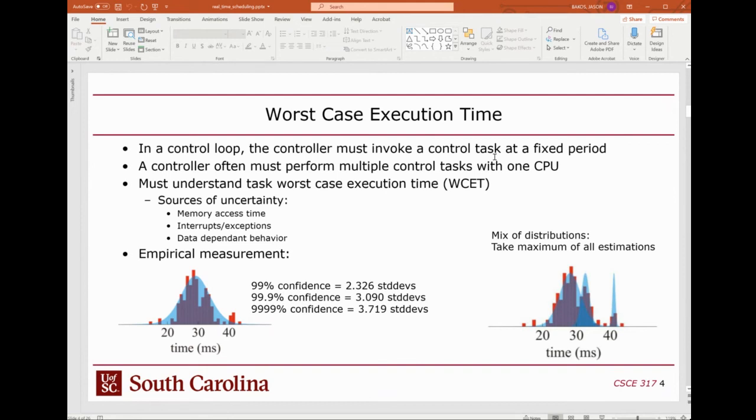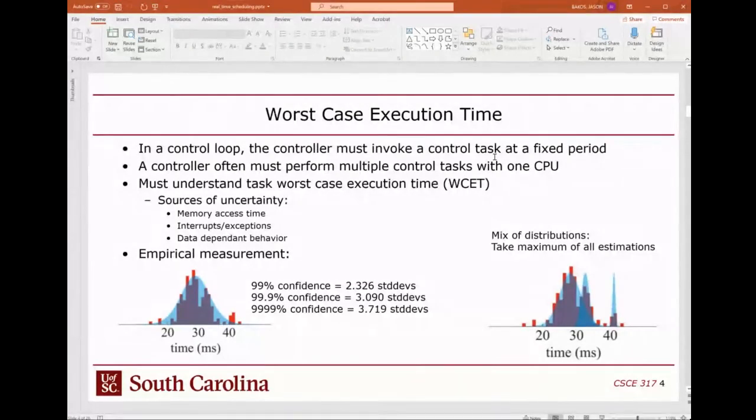But then you've also got interrupts and exceptions that are happening. We talked about that in the interfacing lecture. Interrupts and exceptions are inherently unpredictable. We don't know when they'll happen. Now you might say, well, why not just disable them all if you're doing a controller? Well, you can disable a lot of them, but for example, the timer interrupt, you can't.